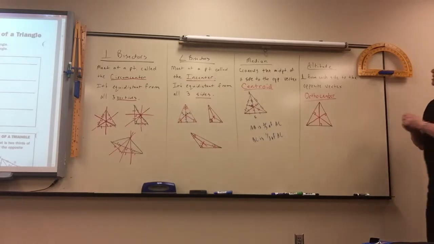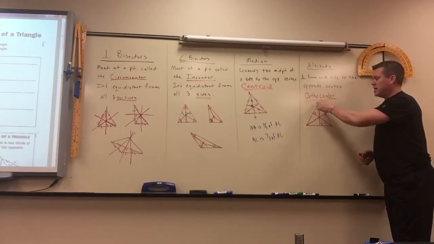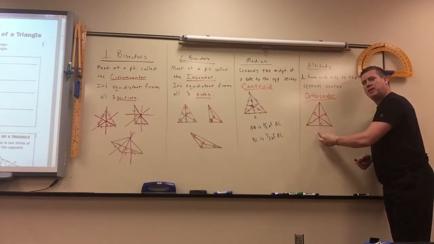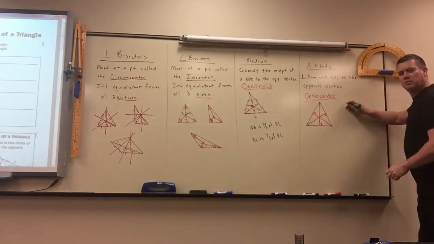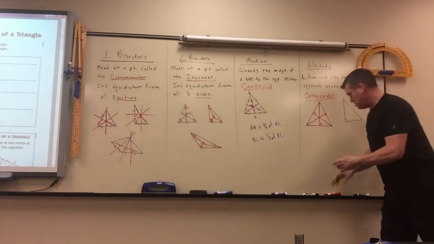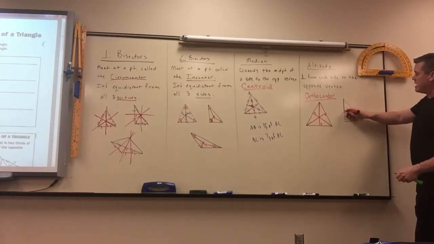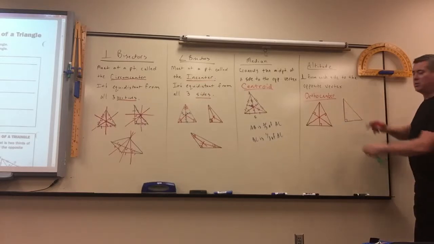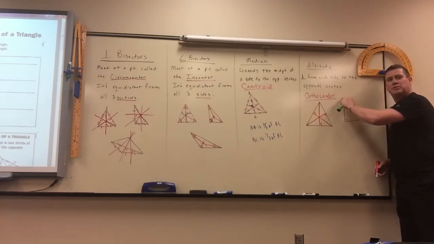So, it just tells you how tall it is. So you just gotta go from the vertex to the other side, making a perpendicular. So on a right triangle, if this were your bottom, this is actually an altitude, because it tells you how tall it is, perpendicular to the opposite vertex.